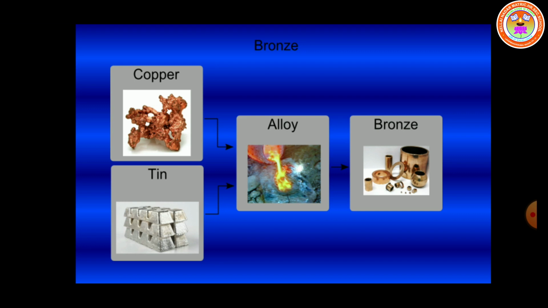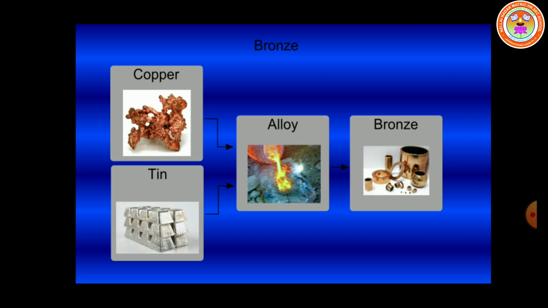Children, bronze is an example of an alloy. Bronze is a mixture of copper and tin. We know what alloys are: mixtures of metals. So bronze is a mixture of copper metal and tin metal.